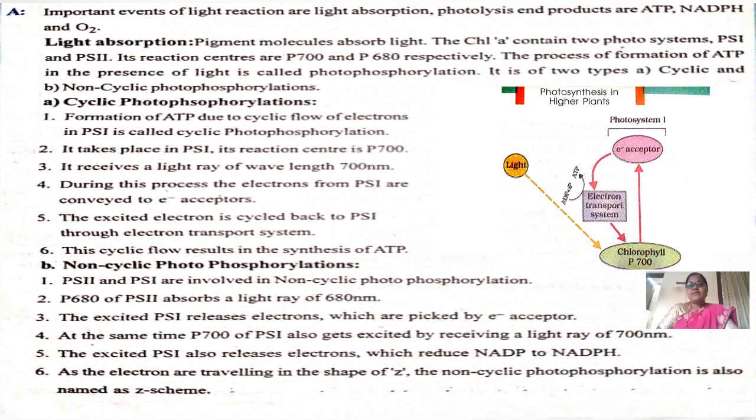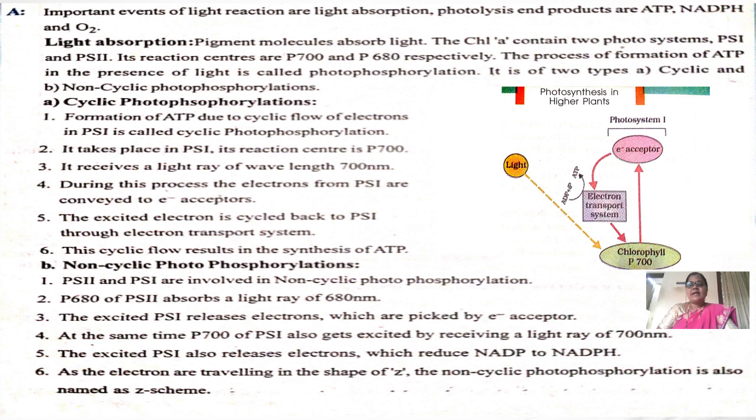In the photolysis of water, in the first step, the electrons are removed from photosystem 1, and they are recharged by photosystem 2, which loses electrons. Then the splitting of water molecules by the oxygen evolving complex releases electrons.